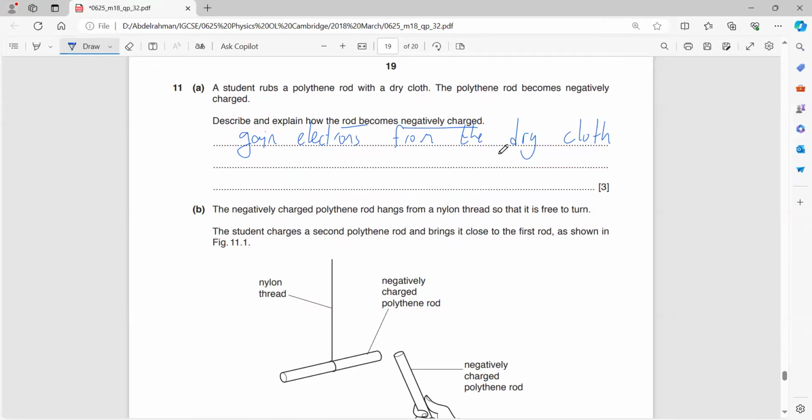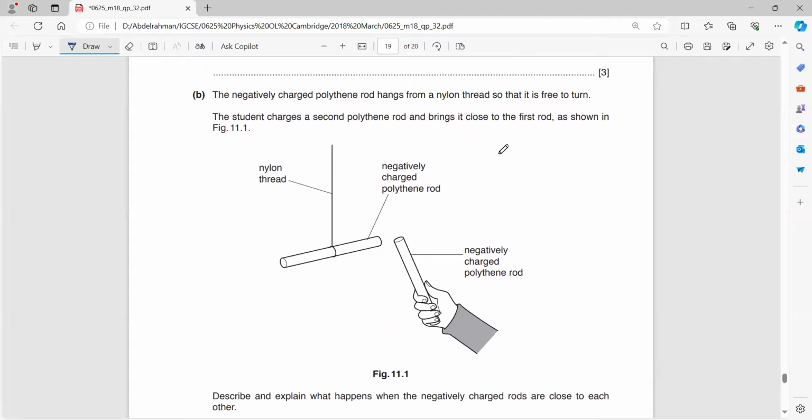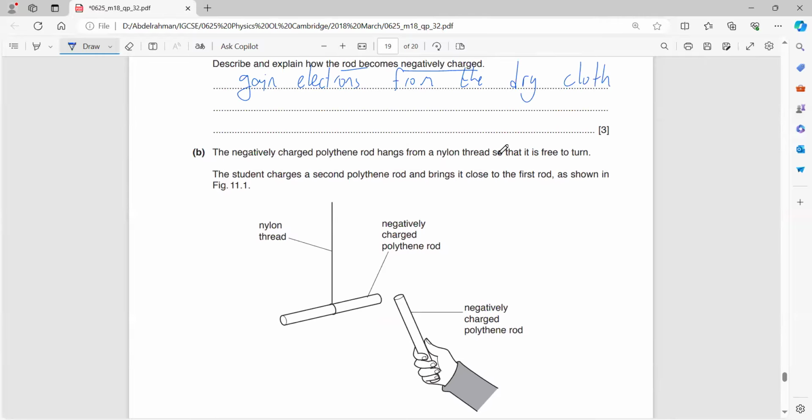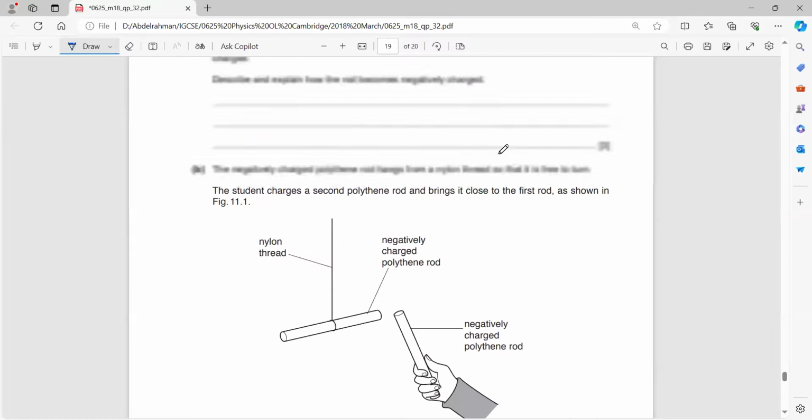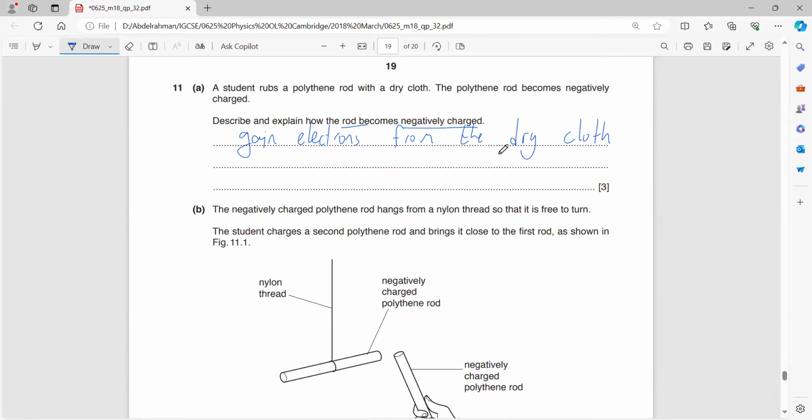That's 3 marks, we won't write anything else. Gains electrons from the dry cloth. You can say due to friction or whatever, it doesn't matter.